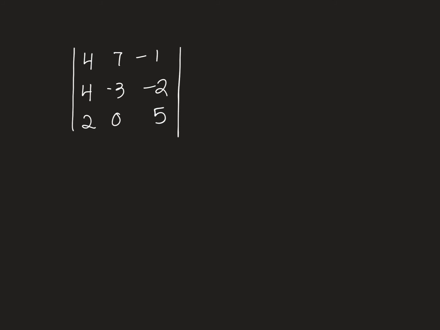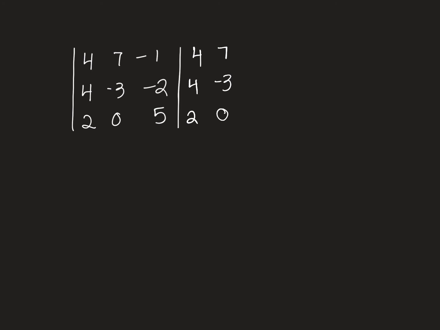If we do like we did the last one, if we just multiply down the main diagonal and the other, we're leaving out these other numbers. So we have to do an extra step here. The first thing I'm going to do is copy my first two columns over. So I'm going to rewrite 4, 4, 2, and 7, -3, 0.